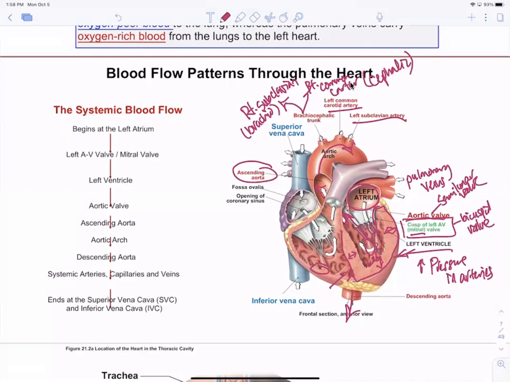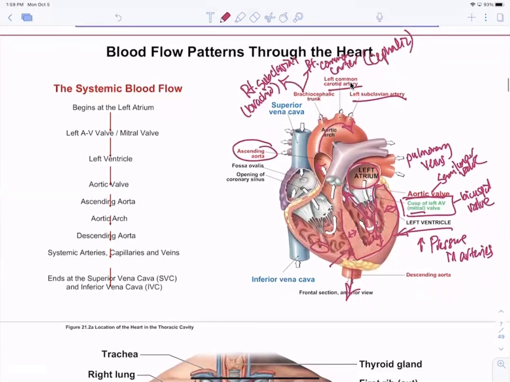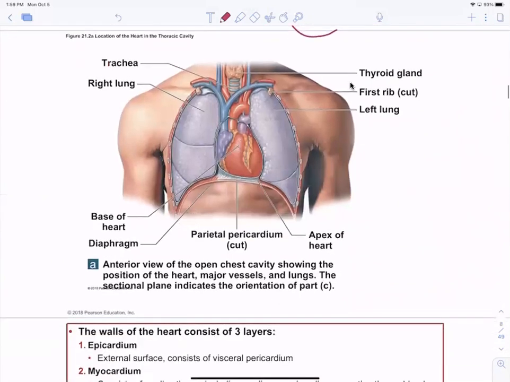Then you have left common carotid and left subclavian. Then the aorta descends, goes down, and you have branches off that to the other systems. Eventually, all those branches merge, and it's going to bring blood back from below the diaphragm to the inferior vena cava, or from above the diaphragm to the superior vena cava back to the right.